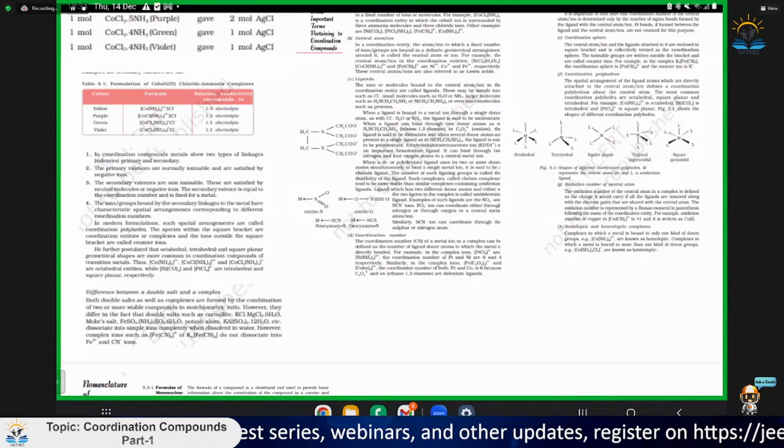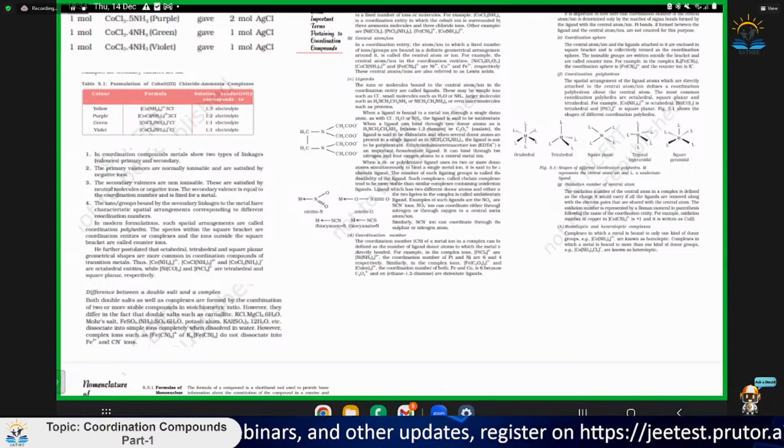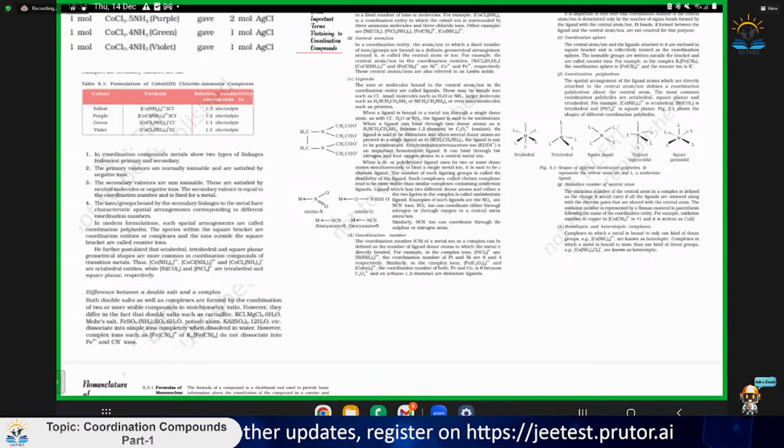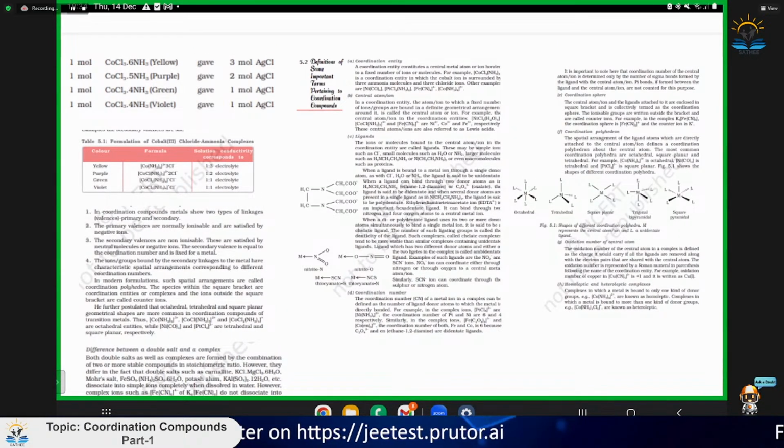Coordination compounds don't get completely ionized. They just ionize into the coordination complex and counter ions. In hydrated salts, the water will get removed. That's the difference.